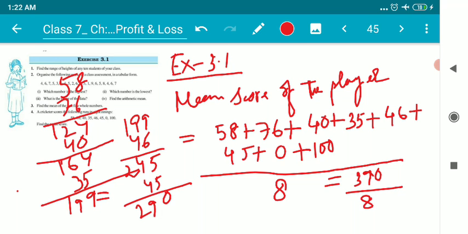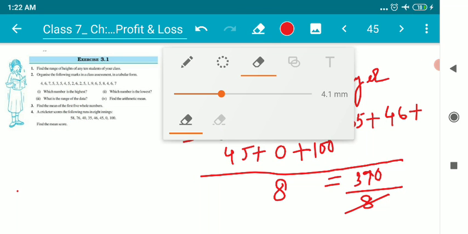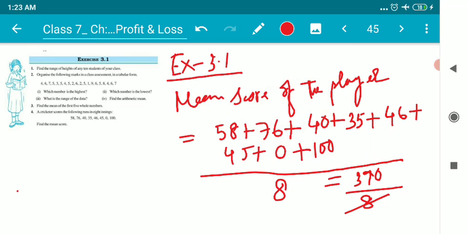Okay, let us divide them. We can divide it directly, children, because the answer will come either in decimals or mixed fractions. I would rather suggest you keep the answer in decimal only.